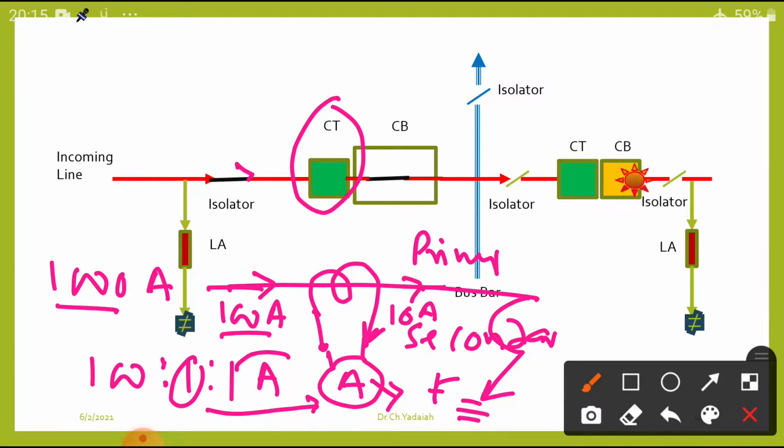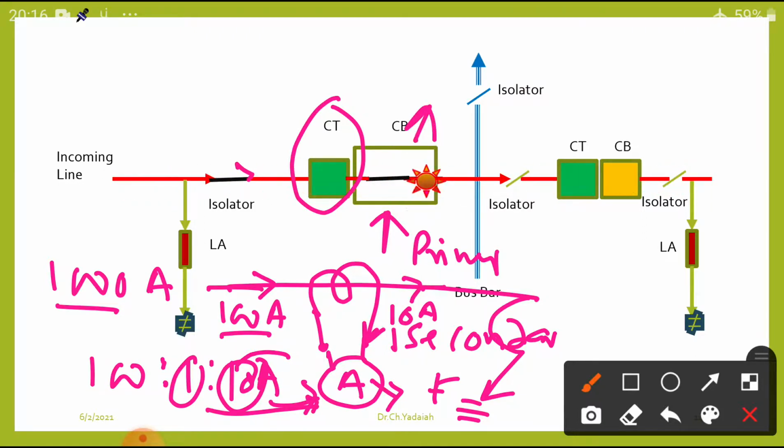At the same time, the other 10 amperes goes to the relay system. The relay system gives the signal to our circuit breaker. The circuit breaker will open because the relay indicates something has happened in the system. It opens the circuit and isolates it.